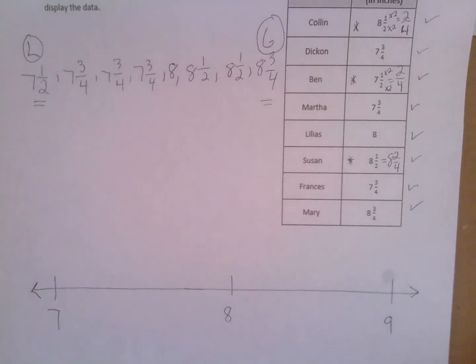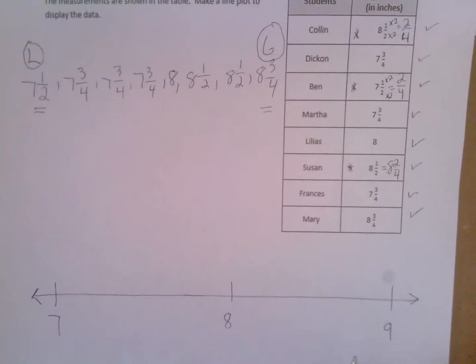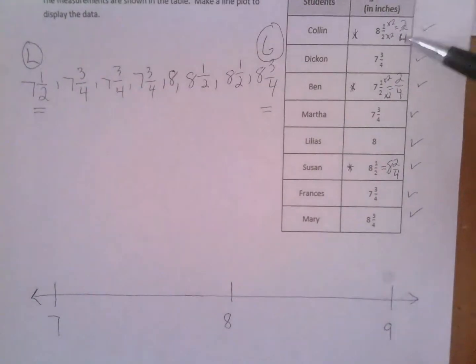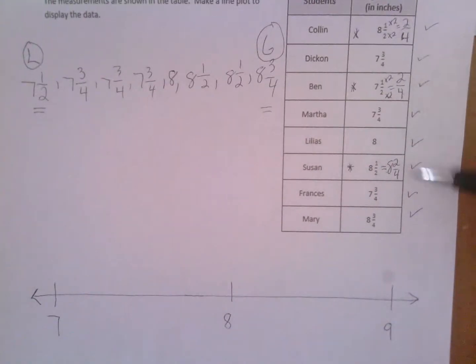Now, to finish this number line, we need to decide what measurements on this ruler we could use to mark off the length of the shoes. So what is the smallest unit? Well, if we look at all of the units, we changed everything here to fourths.